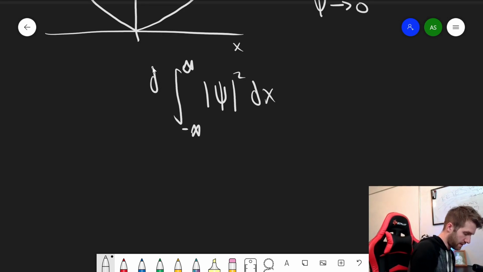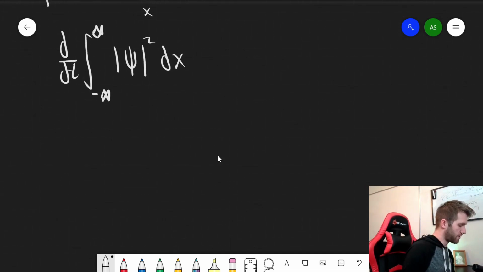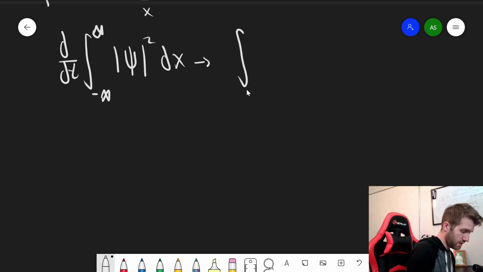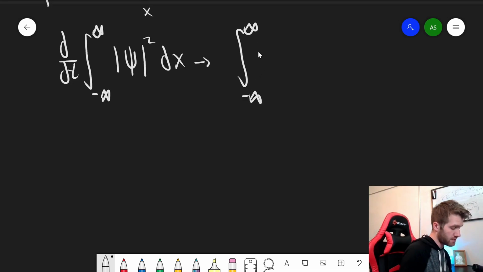So we're going to have d/dt, and we're going to bring this under the integral sign. If you recall from the video I did on the Leibniz rule for integration, you know that we can bring this under the integral sign. So we're going to have our integral from minus infinity to positive infinity, and because psi is a function of x and t, we're going to turn this into a partial derivative.